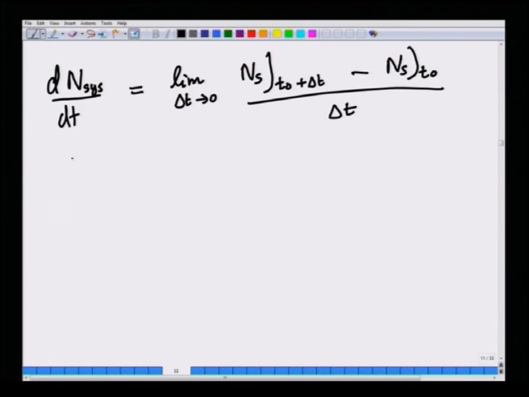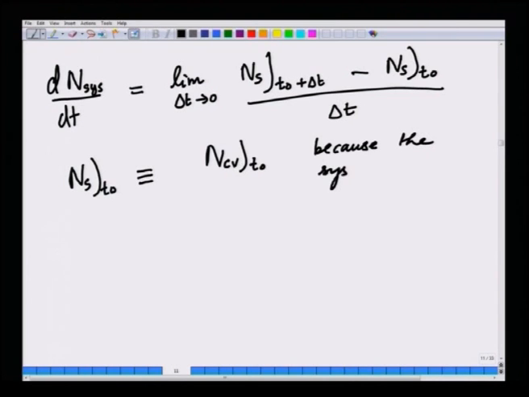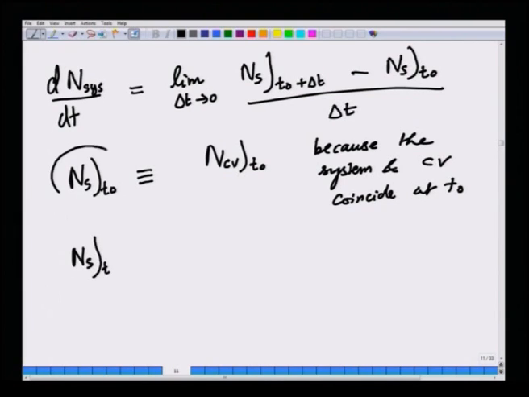Now, from the figure that I just drew, at t0 the system coincides with CV, so the amount of quantity present in the system and CV are identical because of this reason.